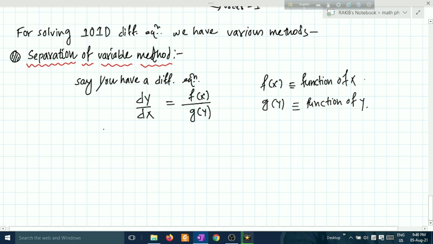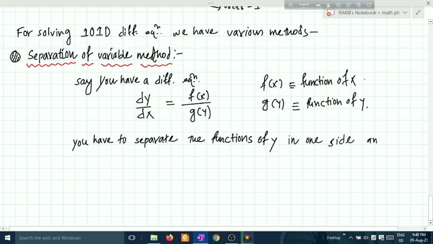Now in the case of separation of variables, you have to separate the functions of y on one side and the functions of x on the other side.